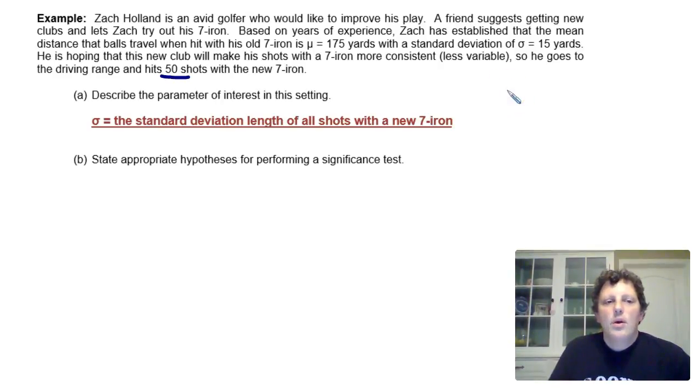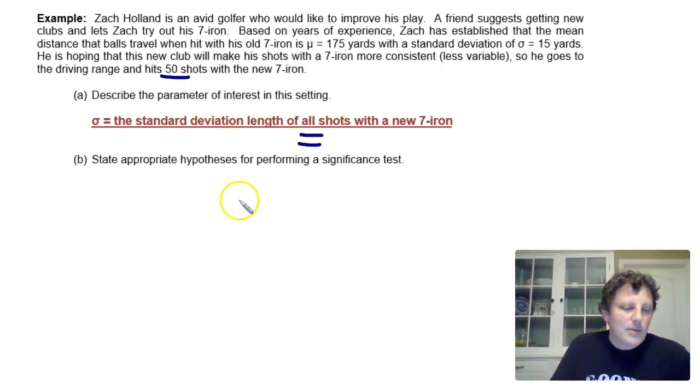He wants to know if the new club is different, is better, is more consistent. So the parameter of interest is the standard deviation length of all shots, describing the population with the new 7-iron. That's where his sample is drawn from. He's only using the new 7-iron here.